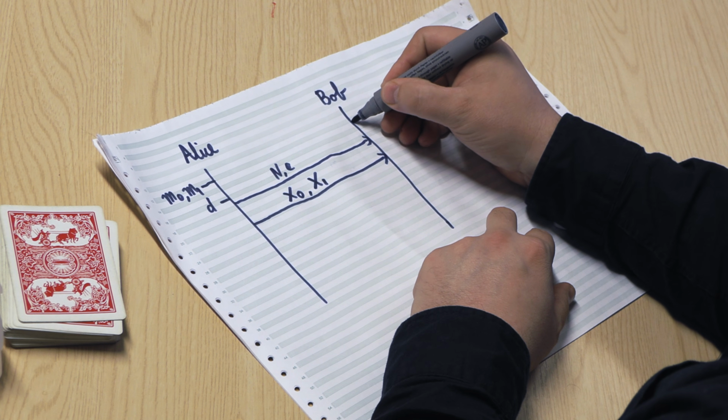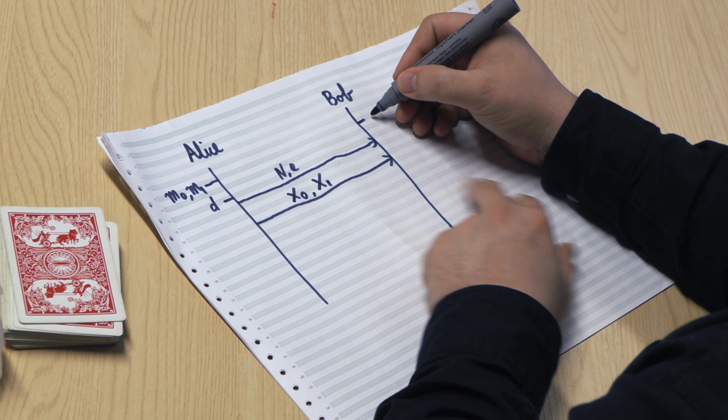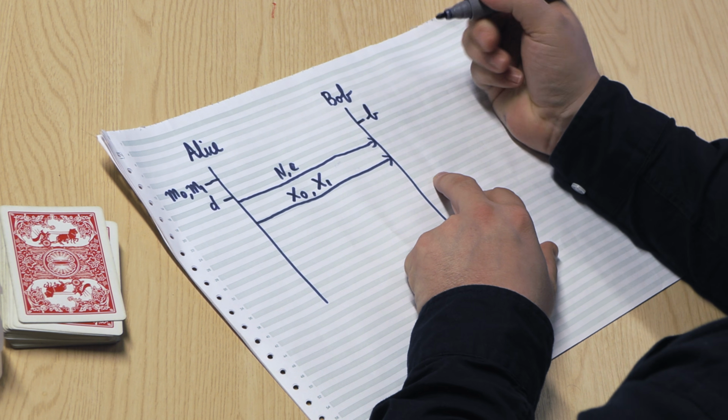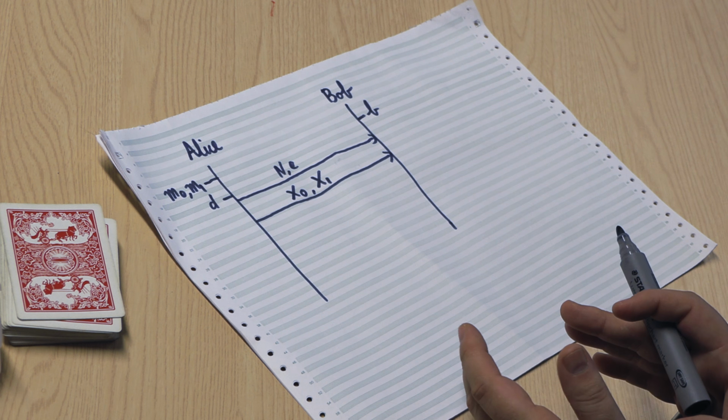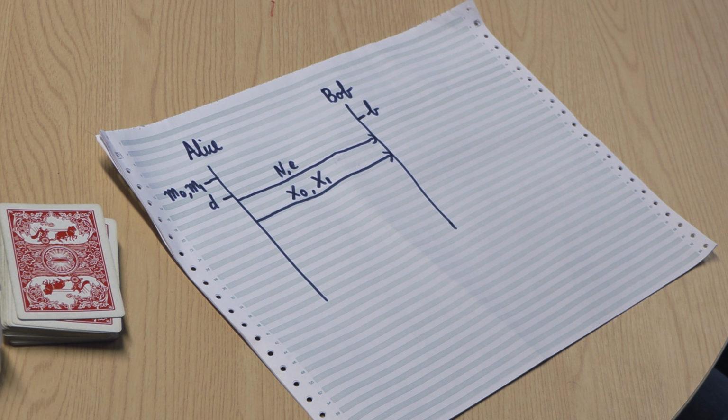He wants to read either the top card or the bottom card. So he selects which card he wants to read and calls that bit b. That's a value he's thinking of. Now after he receives the two messages x0 and x1, he will select a value, xb. So if he's thinking of 0, he will select x0, and if he's thinking of 1, he will select x1.